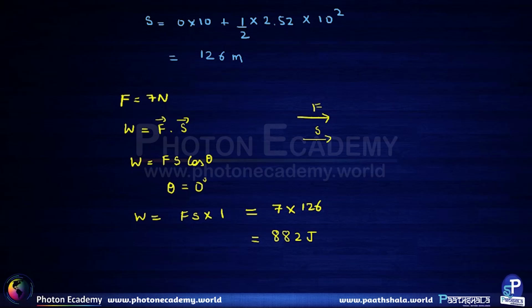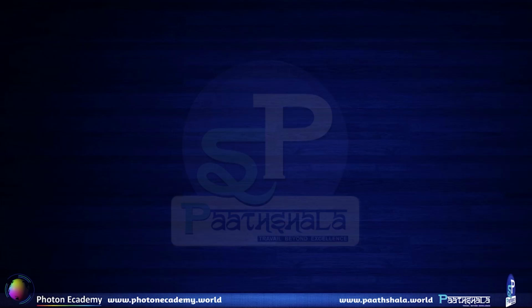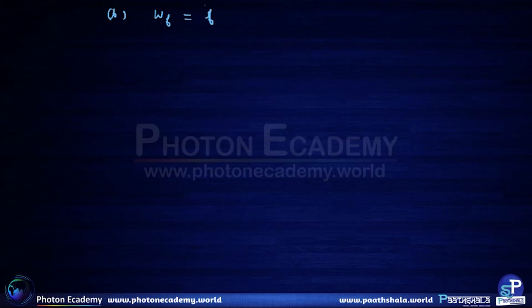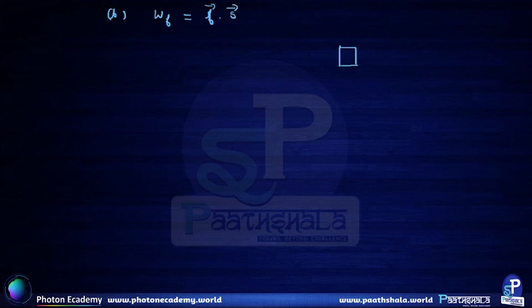Let us see the B part. We need to find the work done by friction. We know that the work done by friction will be the dot product of the friction force vector small f with the displacement vector. Suppose this is the body, and friction will act in the opposite direction of displacement.